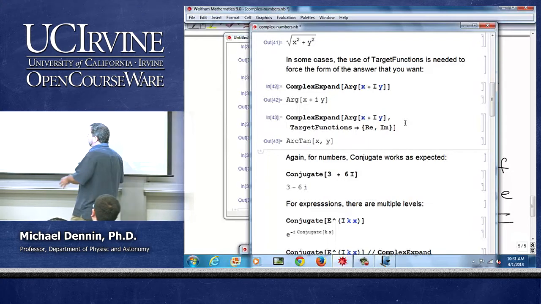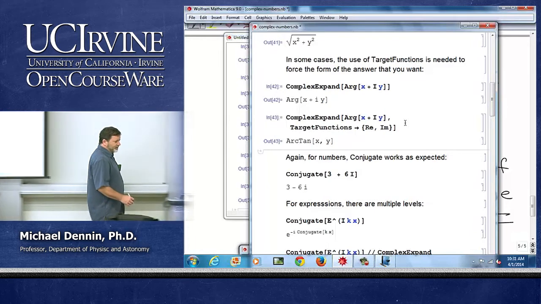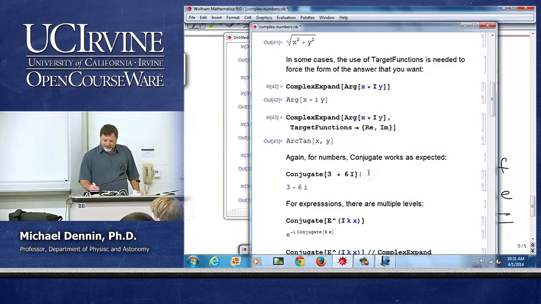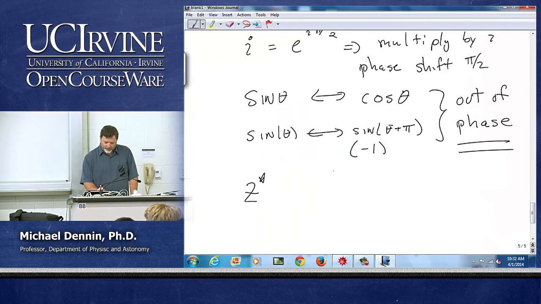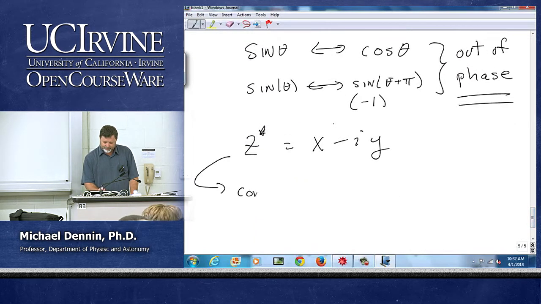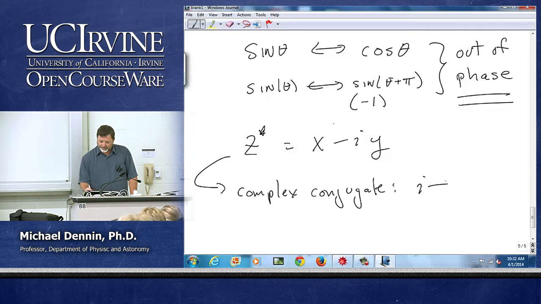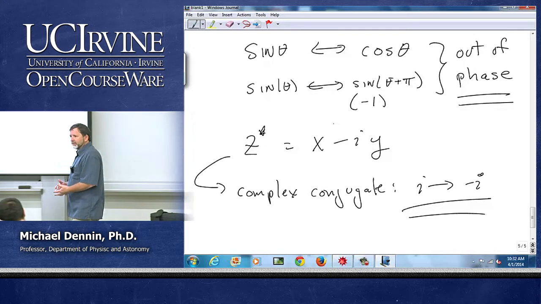This also happens, unfortunately, when I go to conjugate things. If I'm using just numbers, so the complex conjugate, right? Z star is just x minus iy. The rule for complex conjugate is you let I go to minus I everywhere. That's really what the complex conjugate of a complex number is.